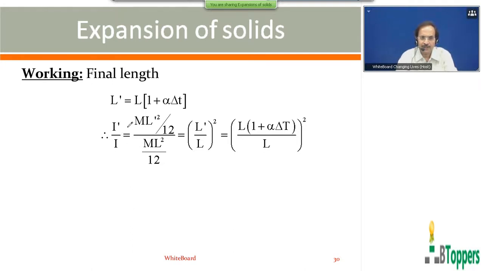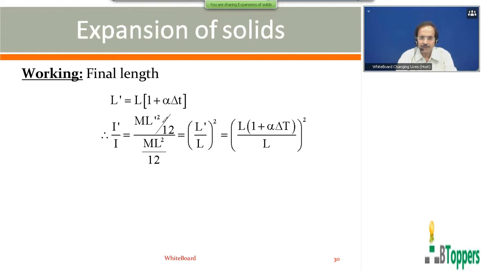I dash is the new value of moment of inertia of the rod when it is heated. So I is written as m L square by 12. I dash can be written as m L dash square by 12. The mass of the rod can be assumed to be the same both before heating and after heating.